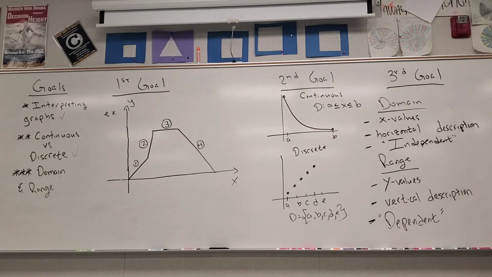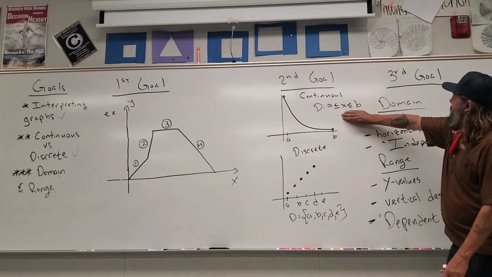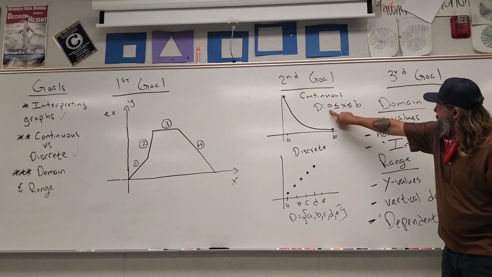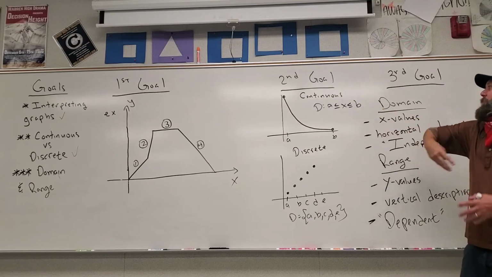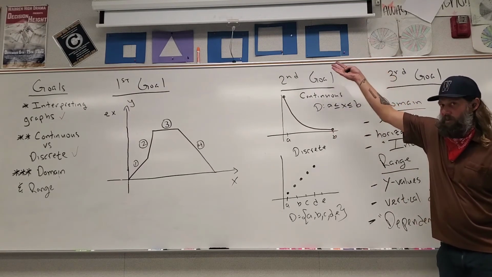Now, when we talk about range, we're giving a vertical description. How high does our graph go? Notice when we're talking about the domain, we talk about how far left to how far right. So when we talk about the range, we're going to talk about how low it goes to how high it goes.